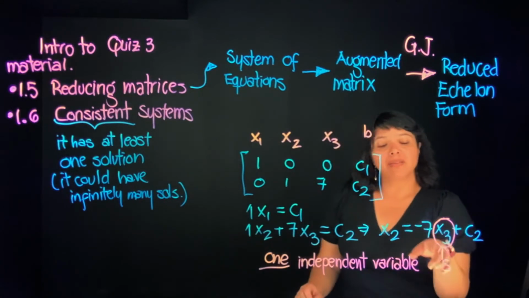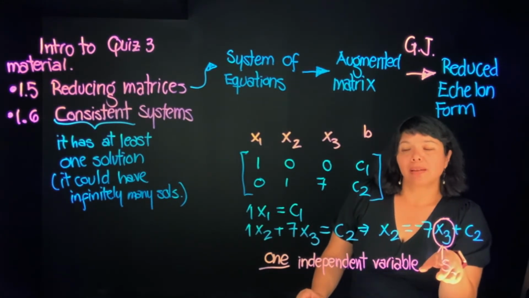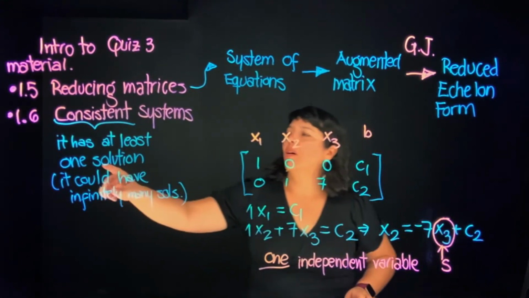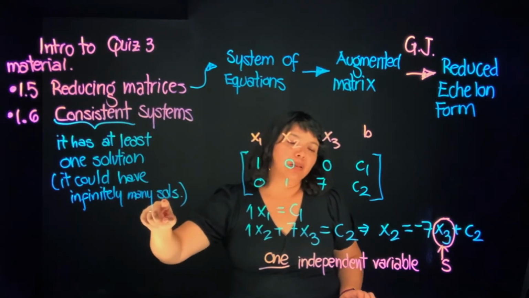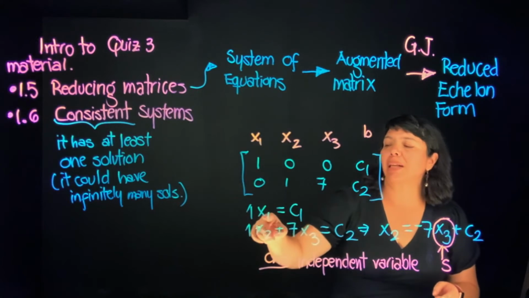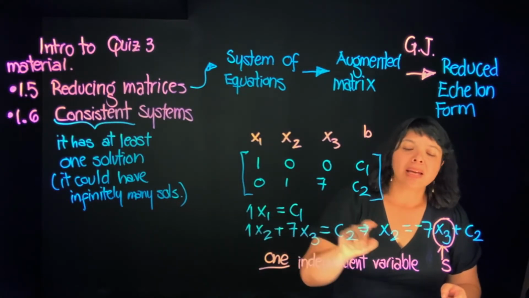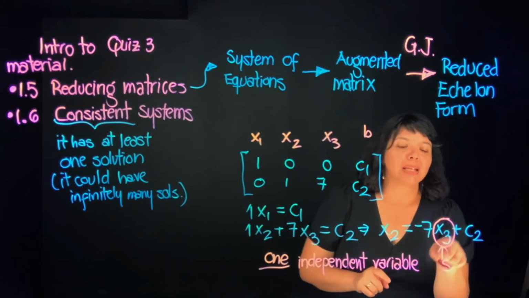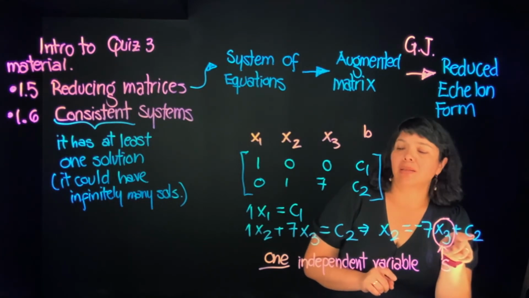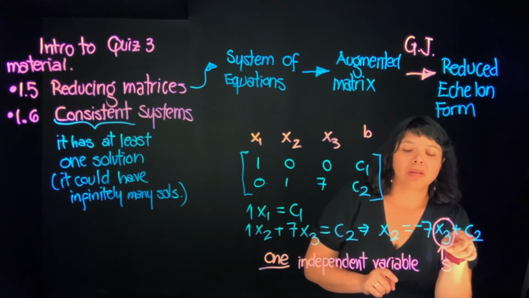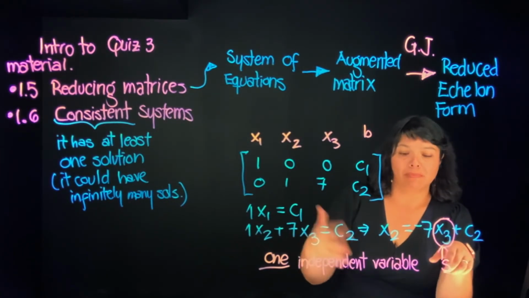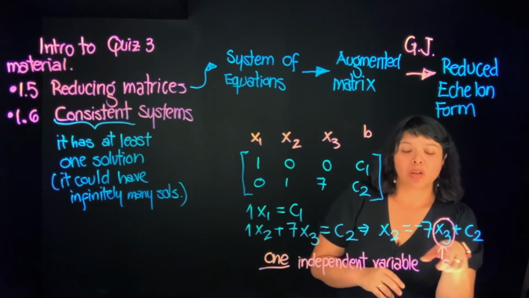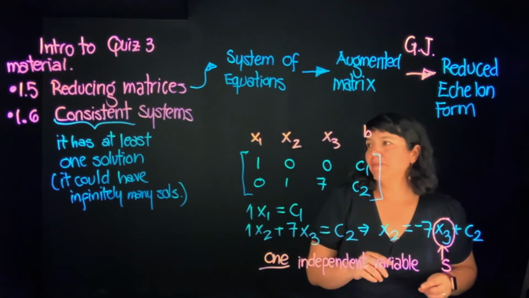And because s could take any value, this is an example of a consistent system that has infinitely many solutions, because my solutions are going to look like x1 is c1, x2 is minus 7s plus this other fixed number c2, and x3 can be any arbitrarily chosen value.